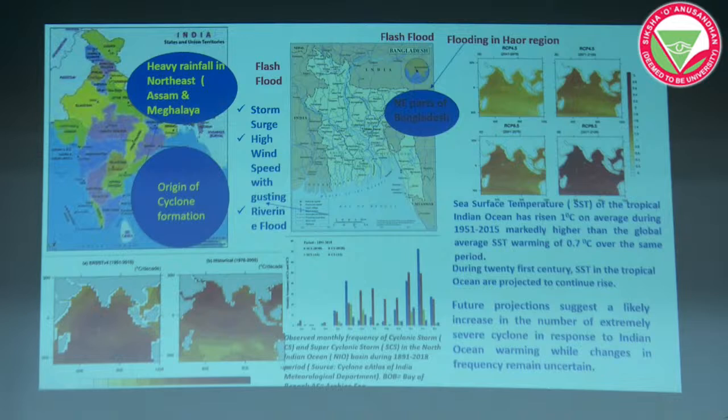That means the Indian Ocean is warming very fast. It has been already mentioned that we don't know how the frequency will be, but whatever cyclones there are will be very, very intense. It will be very difficult to tackle. So a constructive plan should be there on how the Maharashtra and Gujarat coast and also Odisha, West Bengal should be tackled with the highest priority.